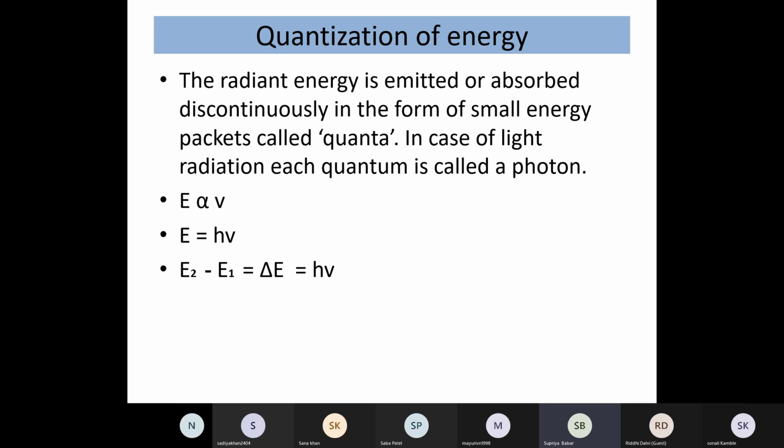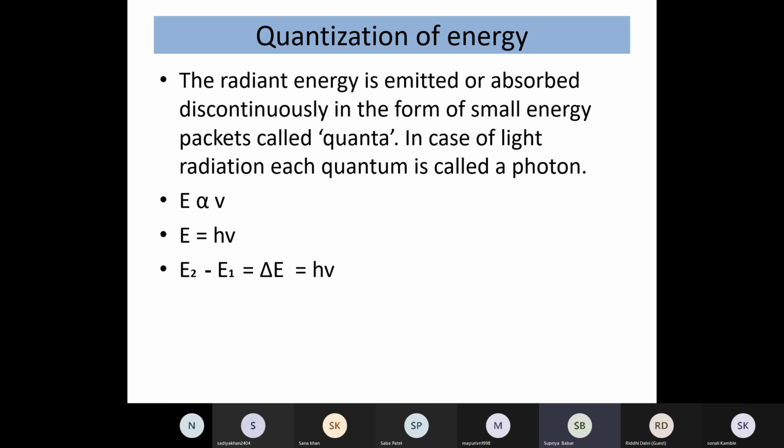If there are two energy states, E1 and E2, when the transition takes place between these energy states, when the appropriate energy is either absorbed or emitted, then according to Planck, this energy is also quantized.